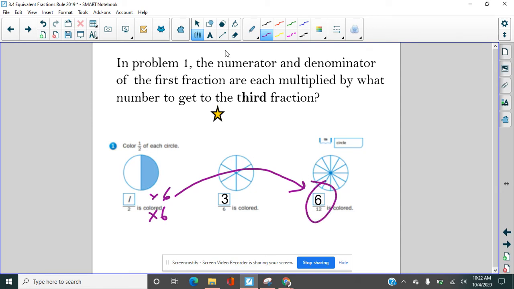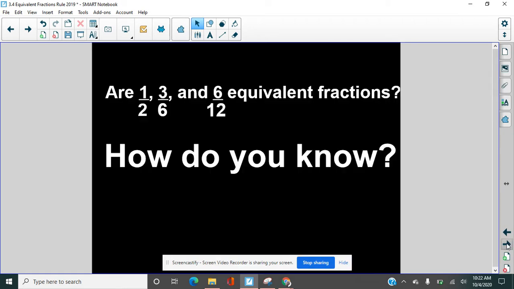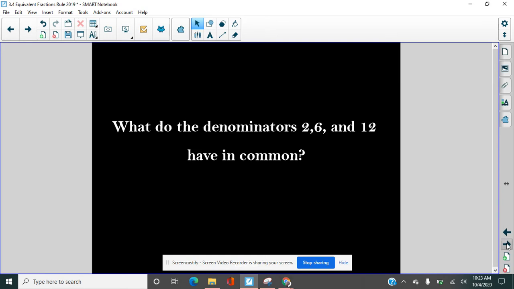I multiplied by the same thing, and it works, right? If I multiply the top and the bottom by the same number, I can get an equivalent fraction. These are equivalent fractions. How do we know? Because when we colored them in, they were worth the same amount. That is how we know.